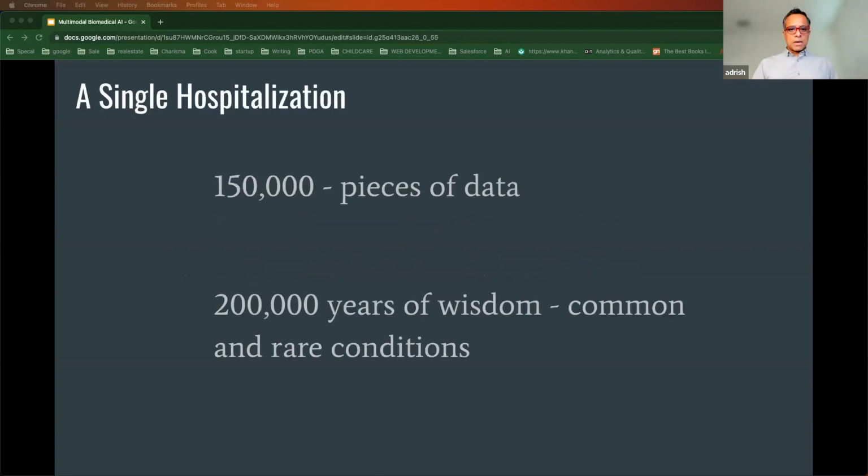Okay. So let's talk a little bit about the use case to motivate the conversation. If you think about the amount of data we're talking about here, a single hospitalization can have close to 150,000 pieces of attributes, and those data sets could codify a lot of knowledge that is gathered over time.